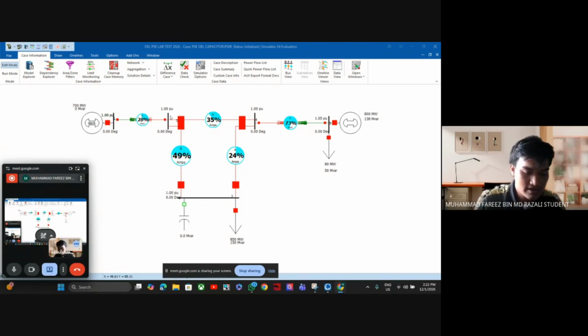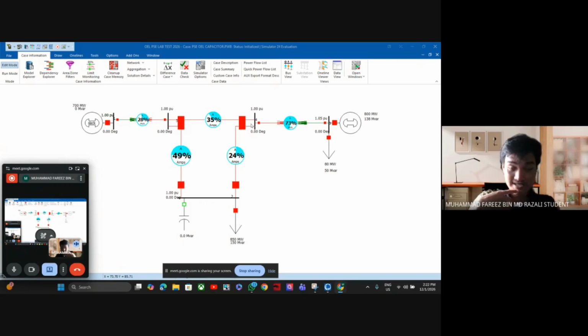Loads consume both active power and reactive power, which is megawatt and megavolt ampere reactive, or MVAR, and there is a generator at the receiving end. There are also measurement indicators showing current loading in percentage, voltage in PU, and power flow. Most of the loads in this system are inductive, which causes high reactive power demands.